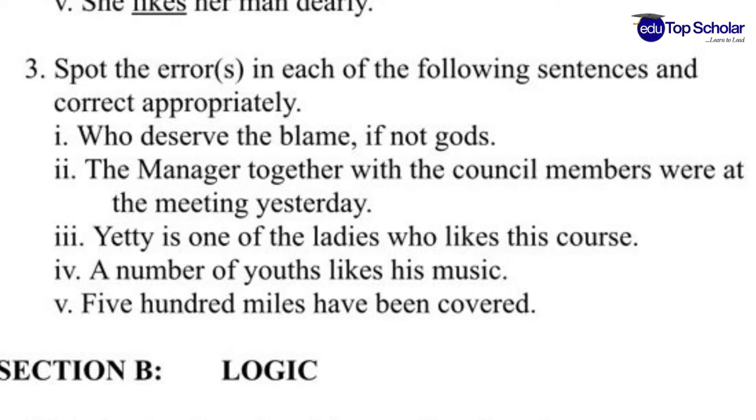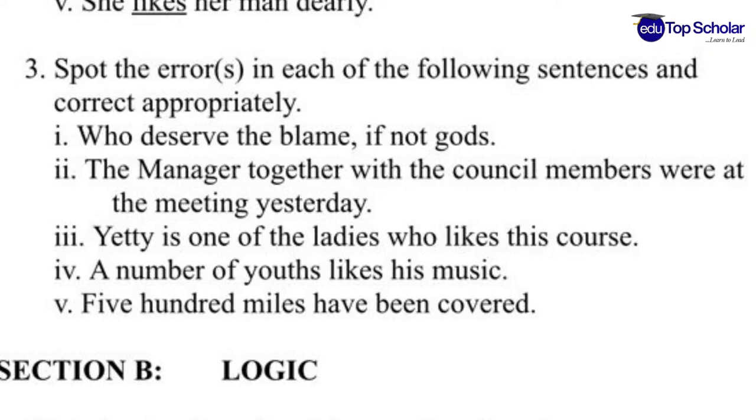Accompaniment concord is what we refer to in any sentence that has an accompaniment marker in it. So accompaniment markers are markers like together with, in conjunction with, in association with, and so on. All those phrases, we call them accompaniment markers.